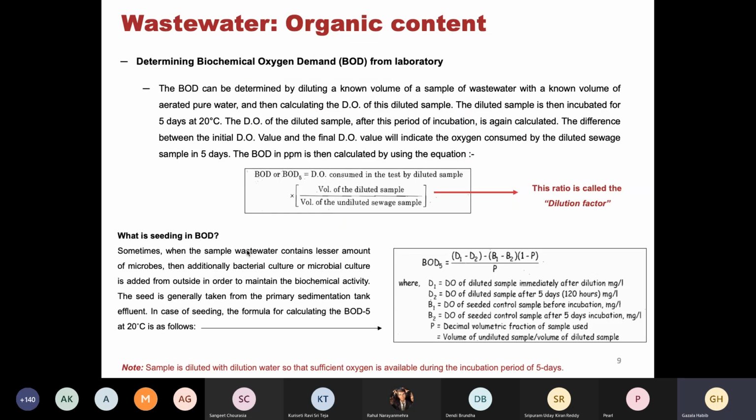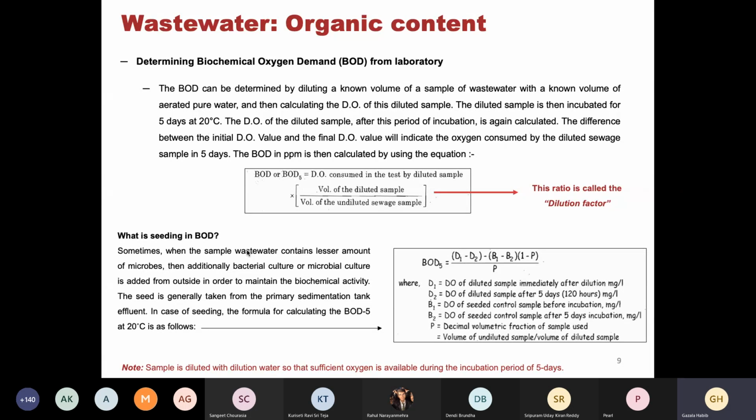Now, how do we do the biochemical oxygen demand test in the laboratory? We take a small amount of wastewater sample and dilute it with distilled water, which has a high amount of dissolved oxygen. It is pure water, generally with 8 ppm of DO.